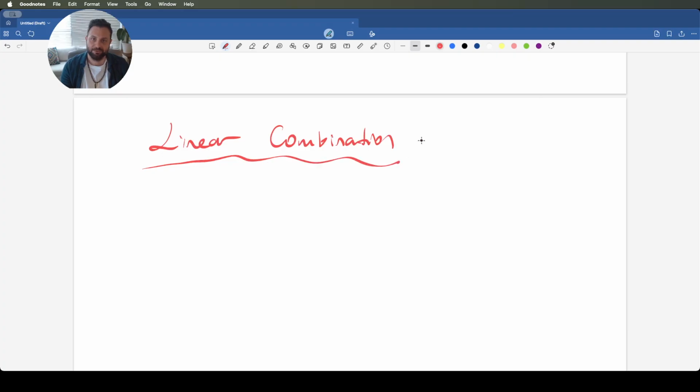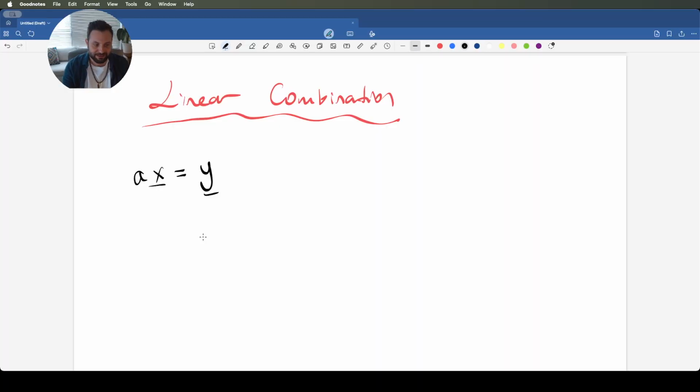First of all, we mentioned that during scalar multiplication, if I have an x vector of some size, and I multiply this x by a and get some other vector y, I know the size of y is going to be the same as the size of x, because I am just multiplying every element of x with a.